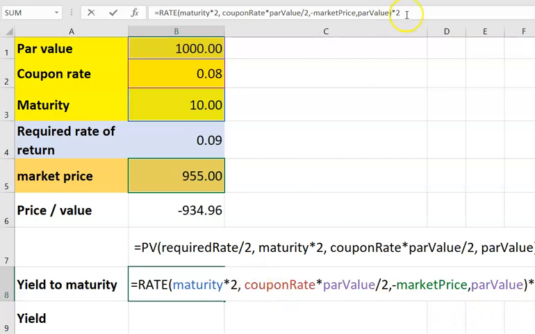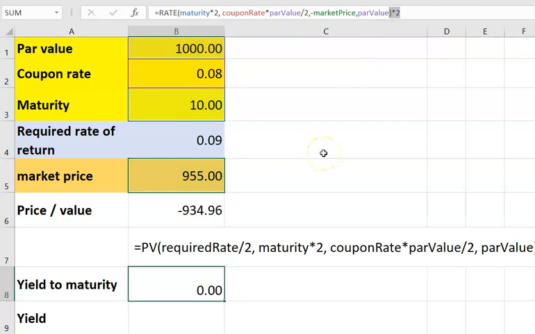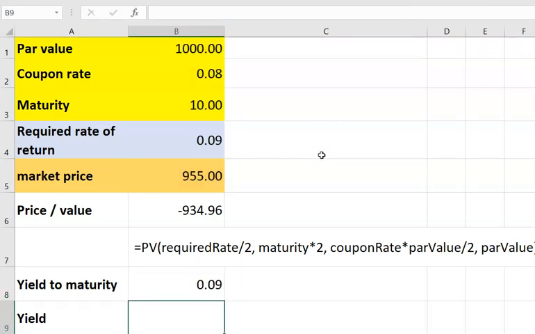I need to take this number and multiply it by 2. See the rate I get? So I'm really getting 9%. Very important to do that sanity check. And I'm sort of glad I made that mistake so you could see it. Take a look at things when you're all done to make sure that it makes sense.